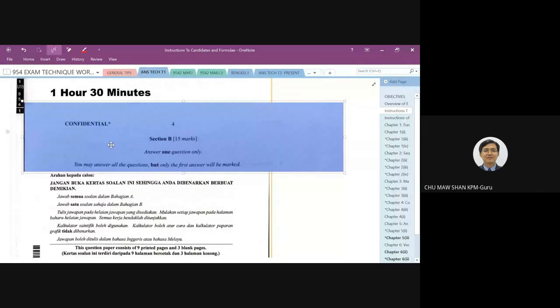The examiner has no obligation to mark number 8 and then go to number 7, because he will only mark the first question that comes first. So make sure you arrange your answers in the proper sequence. If you expect number 7 to get the higher mark, you better put number 7 in the front. Number 8 you can put there.